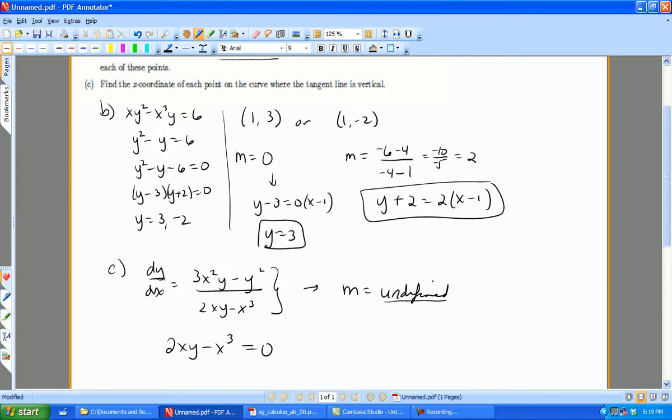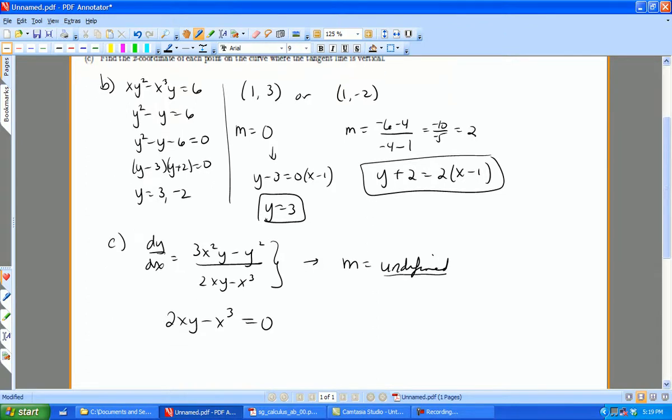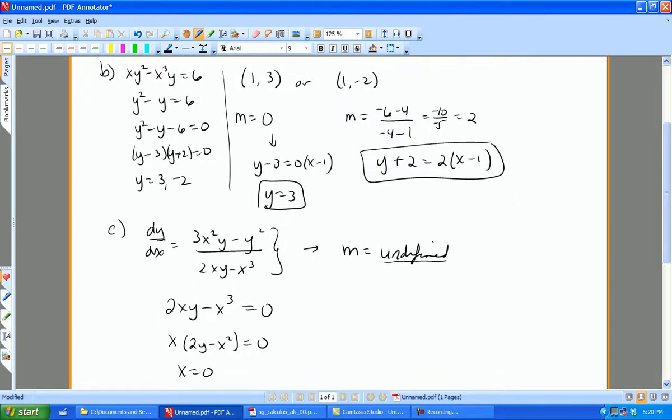So I need to solve that equation. If I factor out the greatest common factor, I have x times (2y minus x squared) equals 0, which means either x is 0 or 2y minus x squared is equal to 0. If I solve this second one, I get 2y is equal to x squared, or y is equal to x squared over 2.